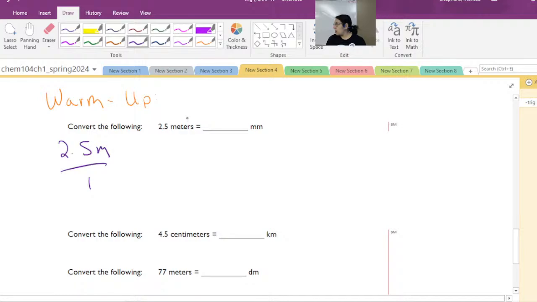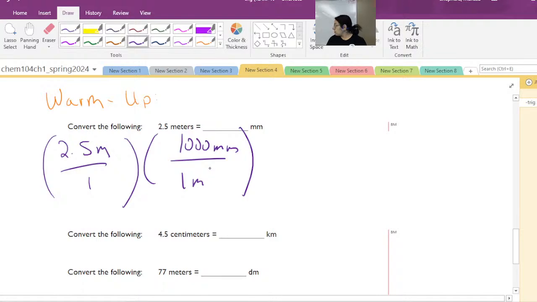What conversion factor did we pick? So 1,000 millimeters is in 1 meter. That's excellent, right? Meters cancels, and we're going to get millimeters on top. Do we get 2,500 millimeters with that? Just double check my math.